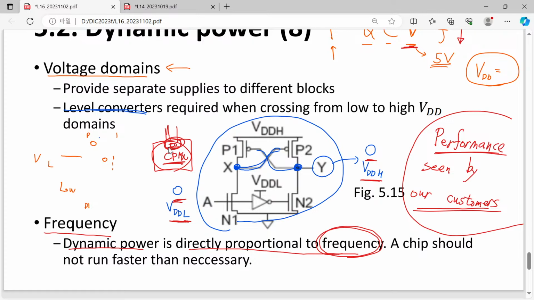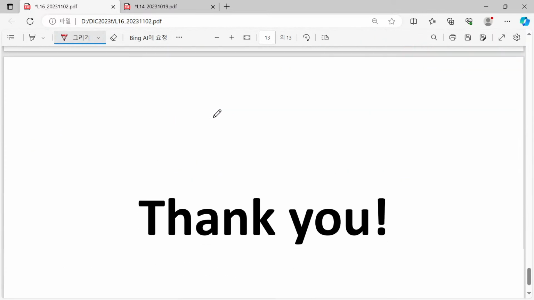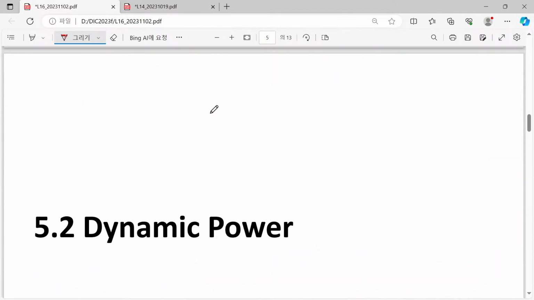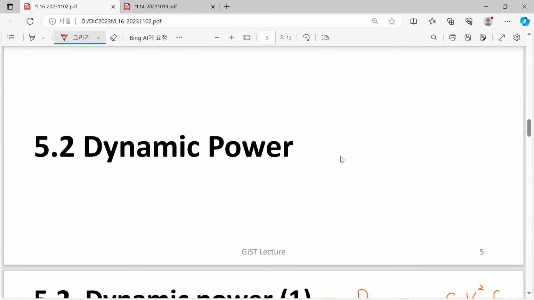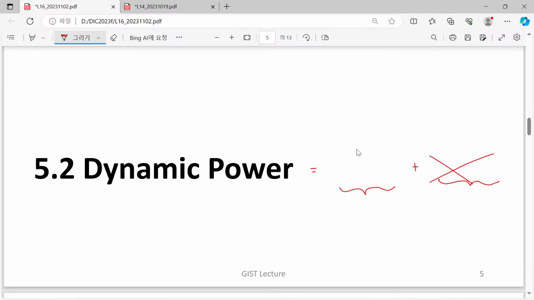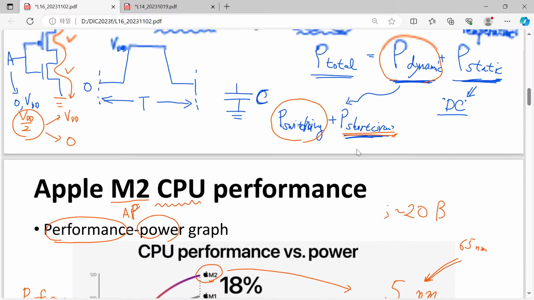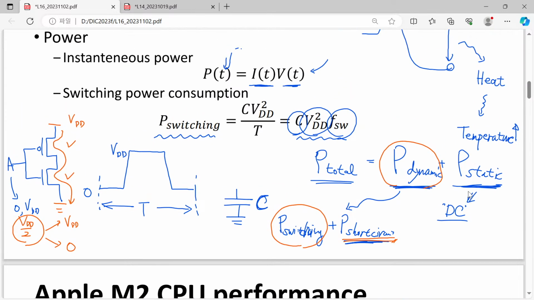Okay, so that is a short discussion about our dynamic power consumption. As I told you before, dynamic power consumption can be divided into two parts. However, since the short circuit part is not that important, today we have more or less concentrated on switching power consumption. And in the next lecture, lecture 17, we will move to static power consumption.